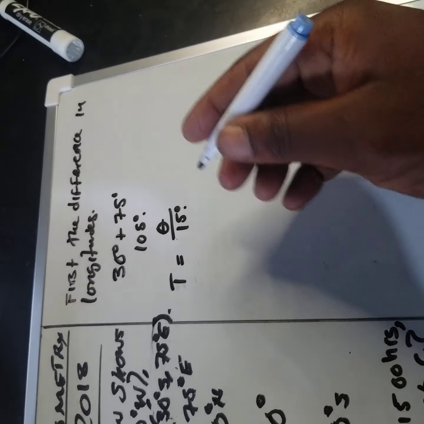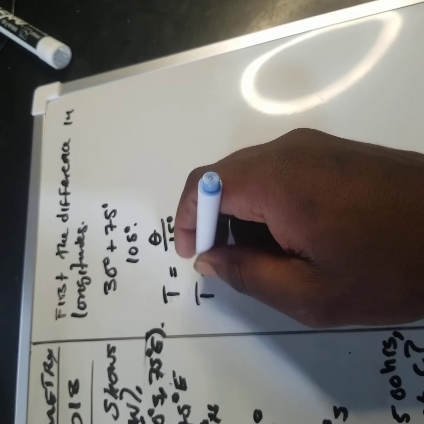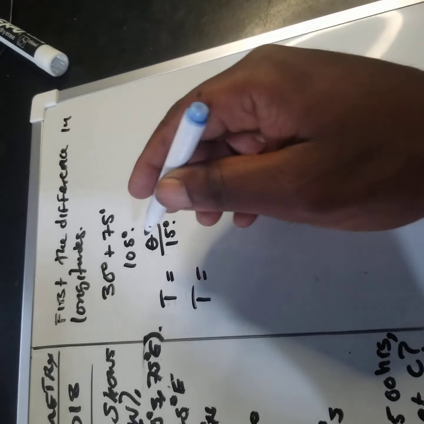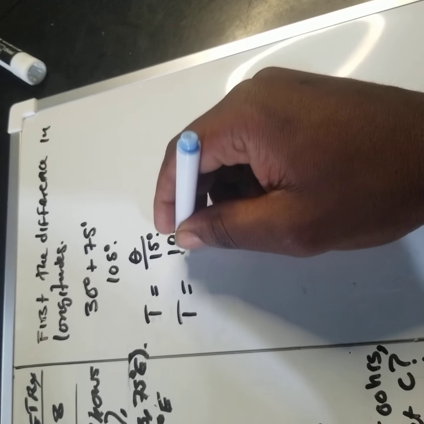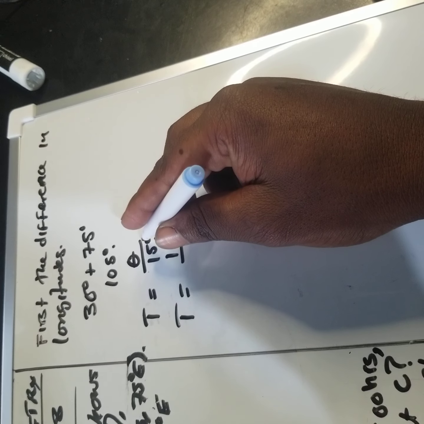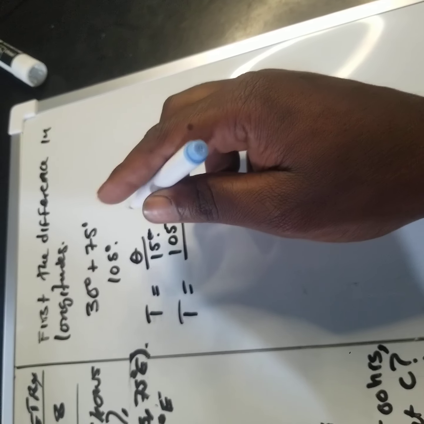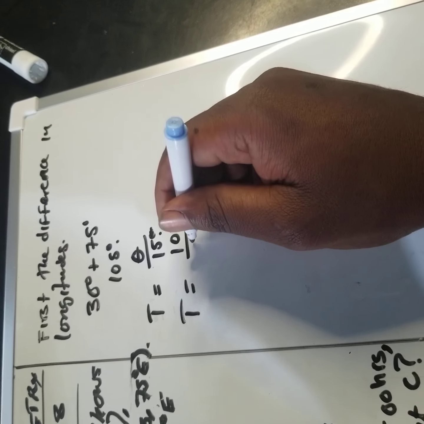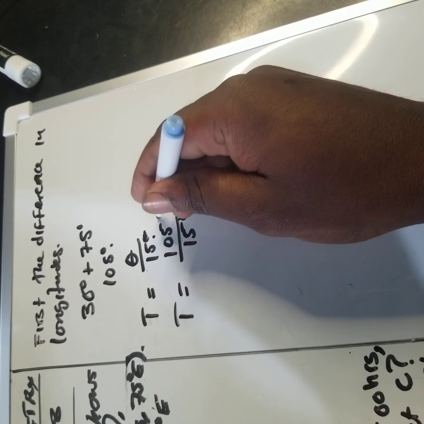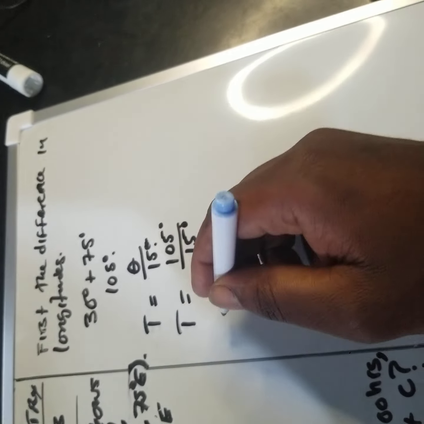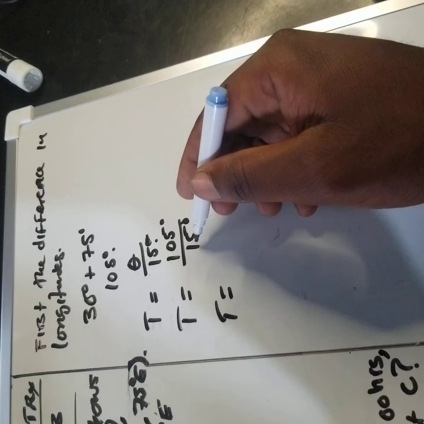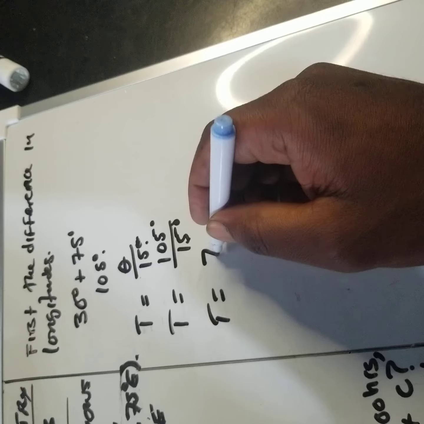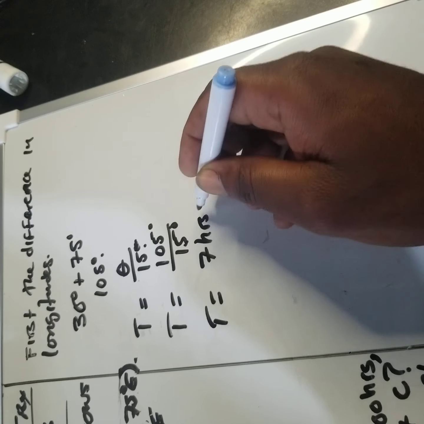So T is equal to theta, which is 105, over 15 degrees. Then you divide 15 into 105, and you have 7 hours. That's the time.